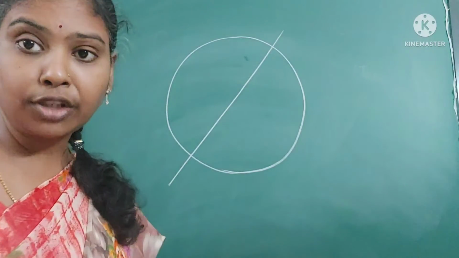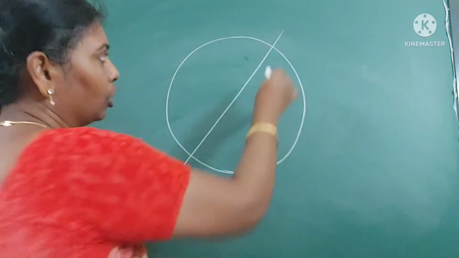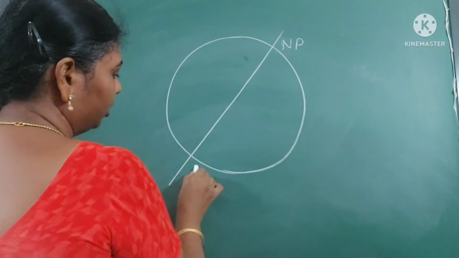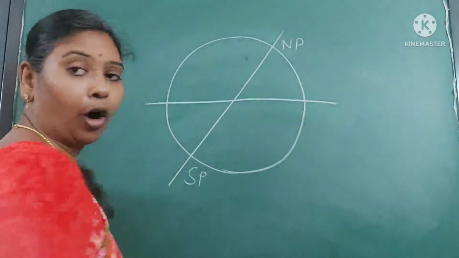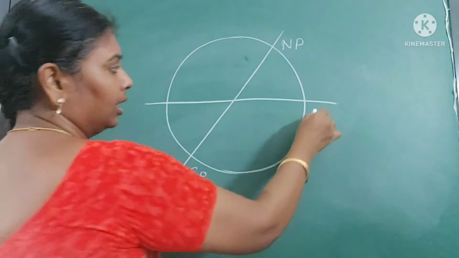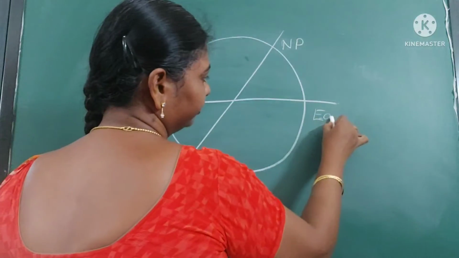Now let us see about the Earth's axis. Earth's axis runs from the North Pole to the South Pole. This is the Earth's orbital plane.